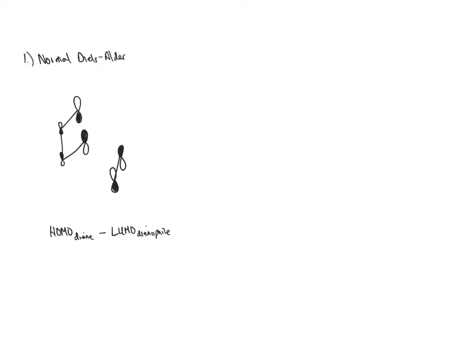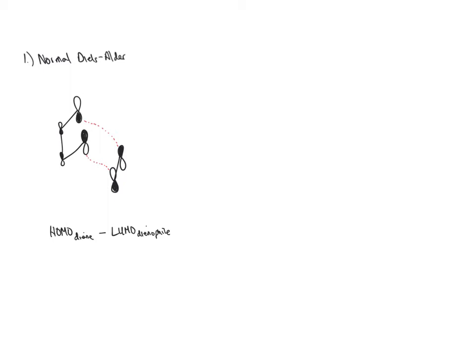But the reason I draw it this way is because if you look at the approach of this dienophile, if it's approaching from the bottom face of the diene, you're going to pair up the shaded phase on top of the dienophile with the shaded phase on the bottom of the diene, and then you're going to pair up the unshaded phase on top of the dienophile with the unshaded phase on bottom of the diene.